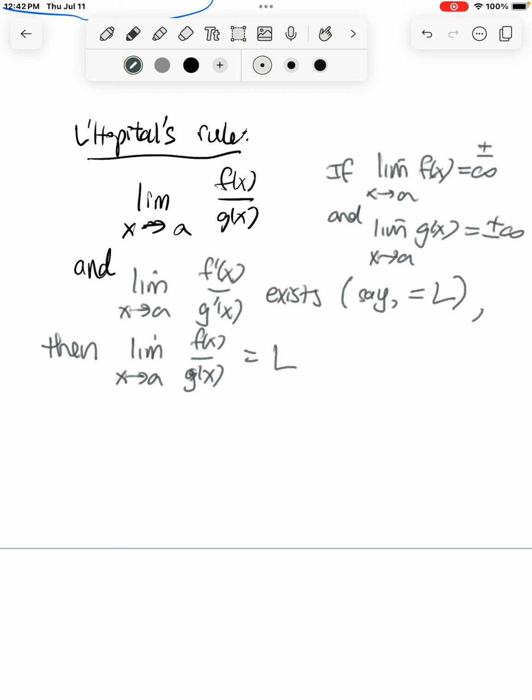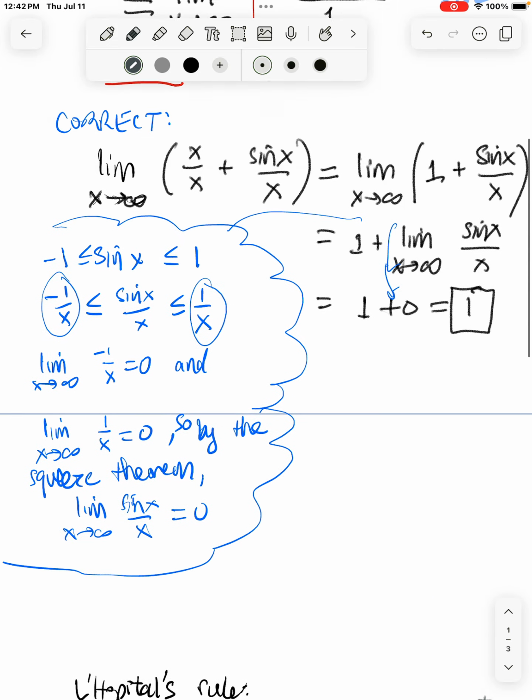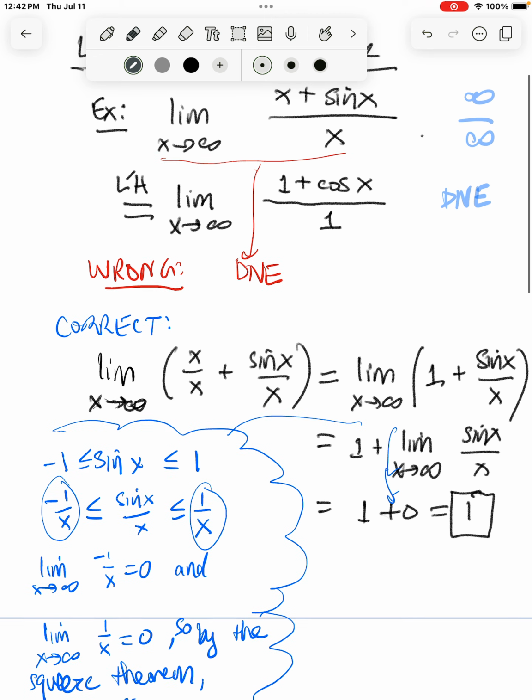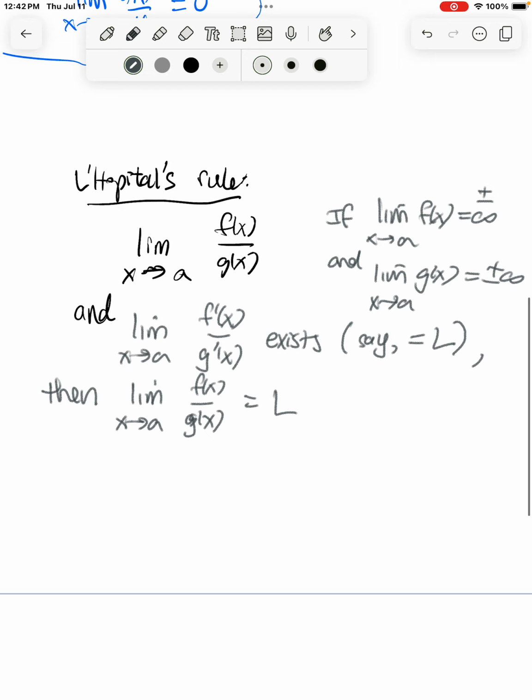So what happened here was, our f of x was x plus sine x, our g of x was x. But when we did f prime of x over g prime of x and took the limit, that limit didn't exist.